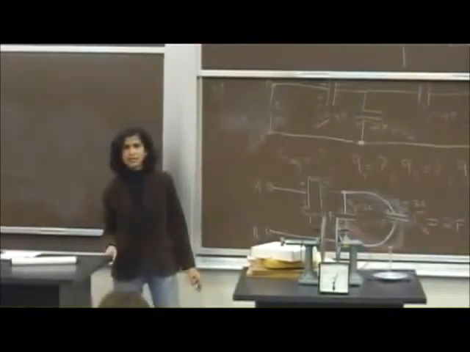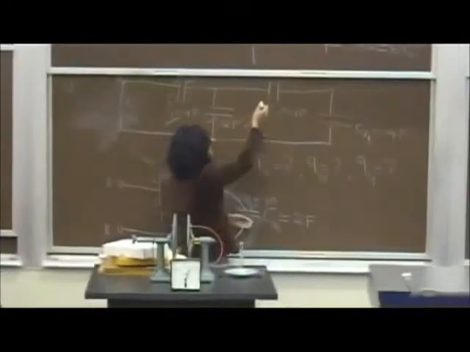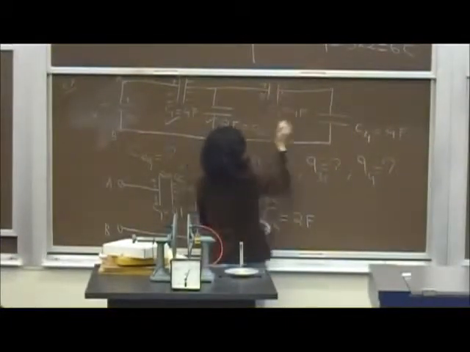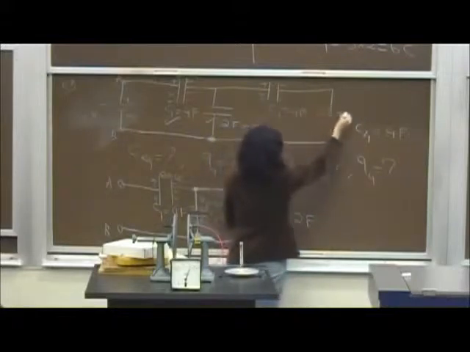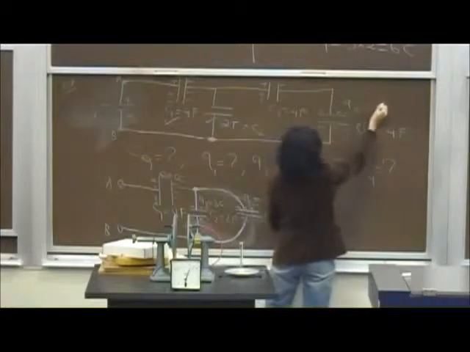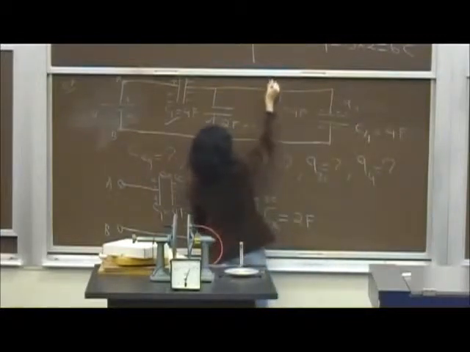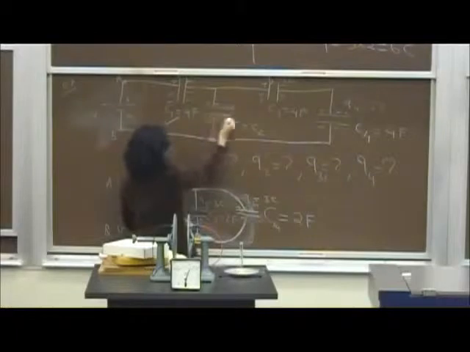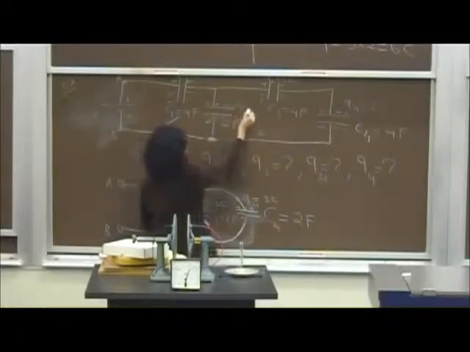So Q4 will be 3 coulomb, Q3 will be 3 coulomb, Q2 will be 3 coulomb.